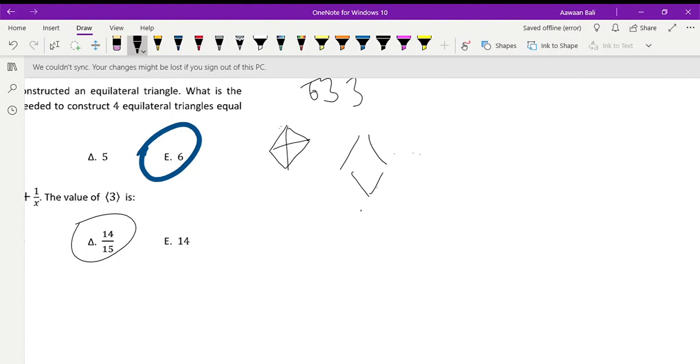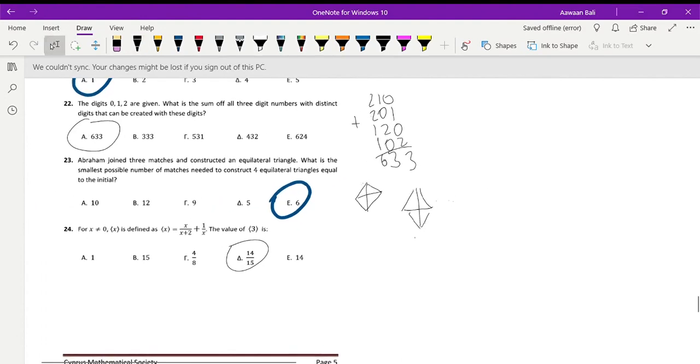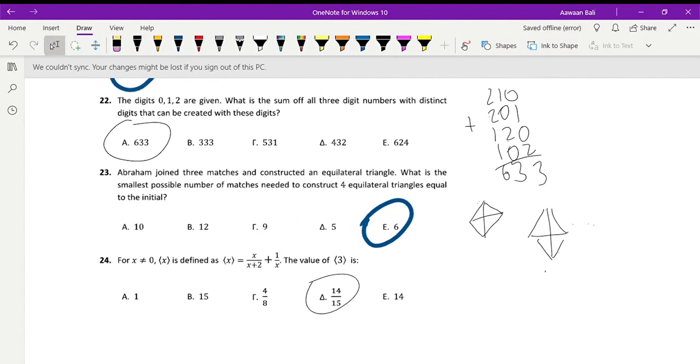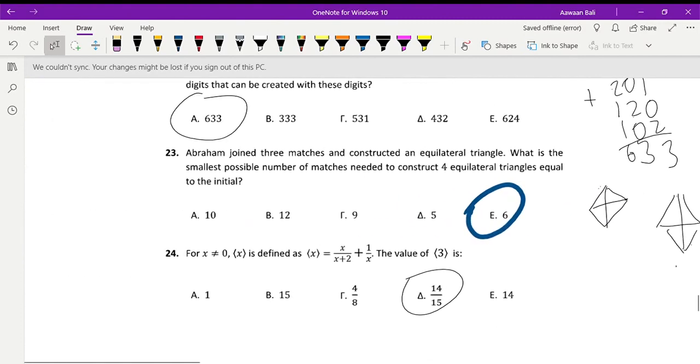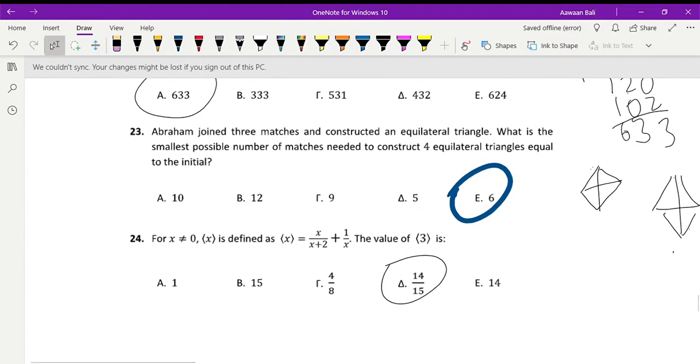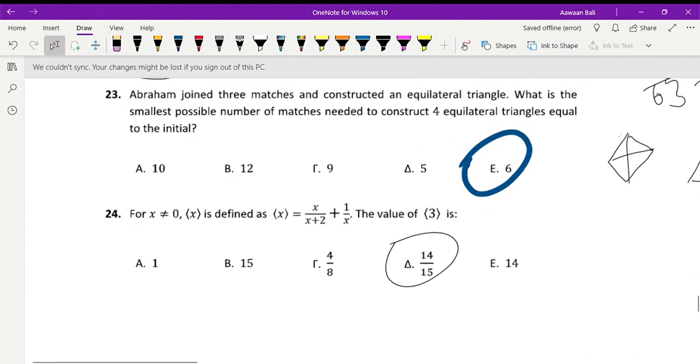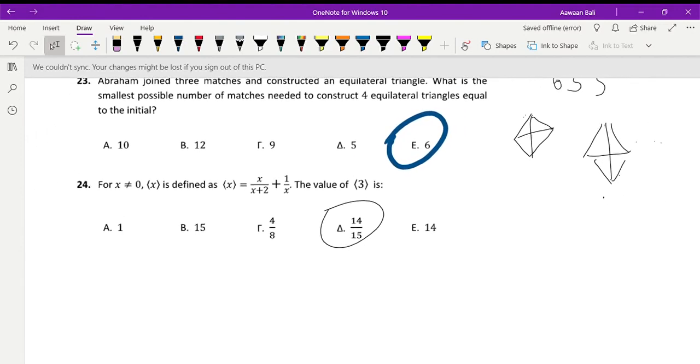Then you can basically put 1 match here and 1 match here. So 1 2 3 4 5 6 matches are possible. This is the only way basically to get 6 matches. You can't get less than that. 5 is basically impossible.